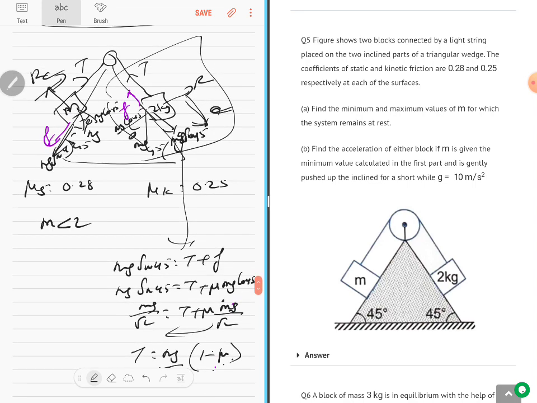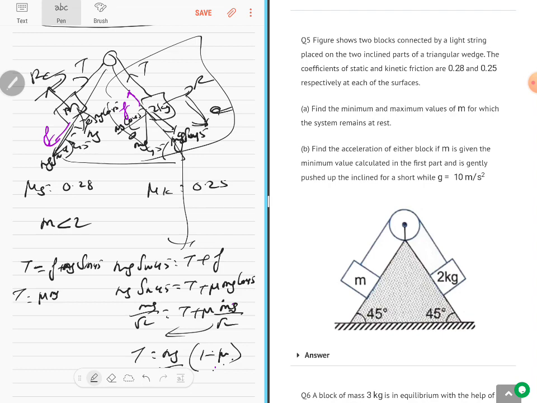Let's do the left one. It's going to accelerate up. So therefore T is equal to f plus mg sin 45. T is equal to f itself, which is mu into that normal reaction, which is again mg cos 45.